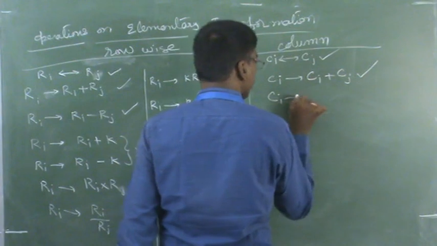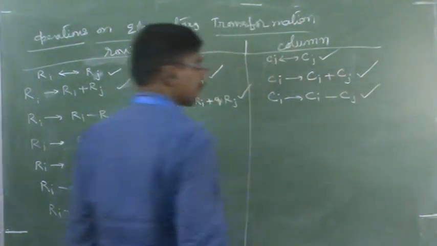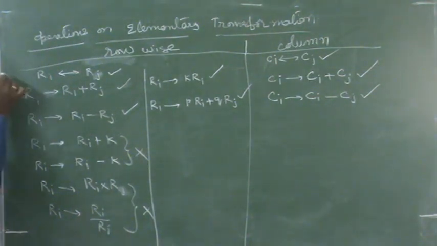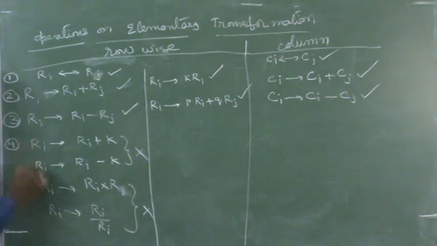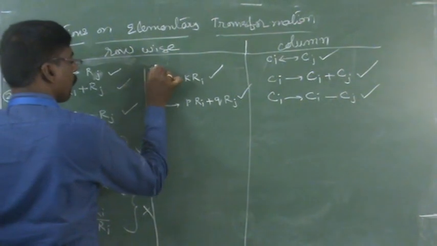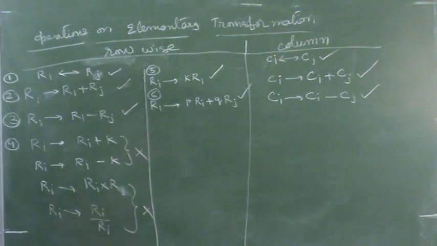Ci tends to Ci minus Cj existence. See, that is what we have written down. This is first one, this is second one, this is third one. This total considered as fourth one. This is a fifth one. This is sixth one. Conditions should be kept very neat.